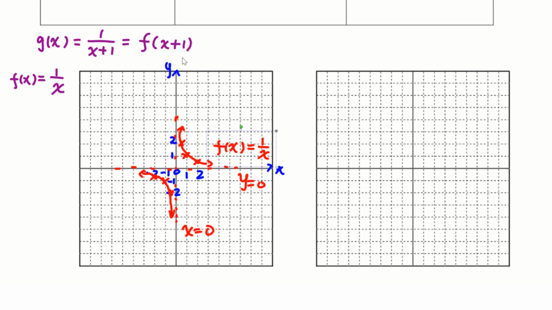Then after that, this p is negative 1, so the whole graph will move to the left 1 unit. Then we are going to draw the asymptote. So left 1, so it means x equals negative 1 is your new asymptote. And y equals 0 is same as before.